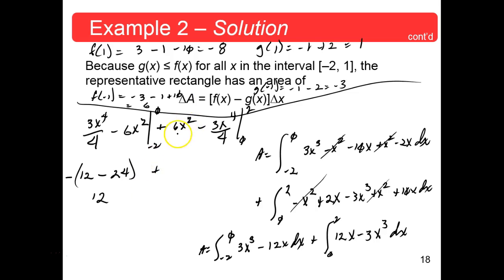Plus, now when you do this one, plugging in a 2, you get 24 minus 12. And I'll do the 0 part. Okay, done. And what does that give us? Plus 12. And 12 plus 12 is 24. Very good. Oh, look at that. They got it too.